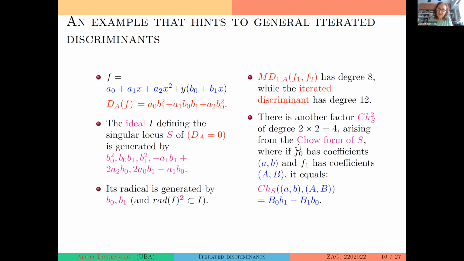And this other factor is the Chow form corresponding to the singular locus, where if F0 has coefficients small a and b, and F1 has coefficients capital A, capital B, then the Chow form is equal to this, corresponding to this being the radical. So if we compute the iterated discriminant, we get what we want times this square.